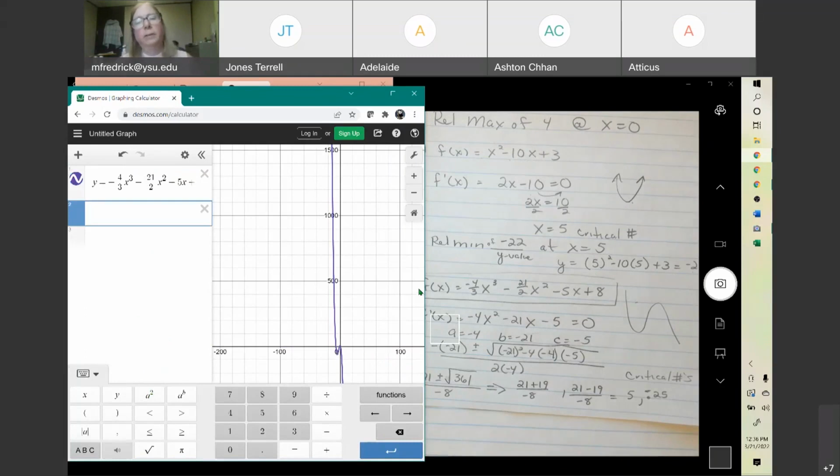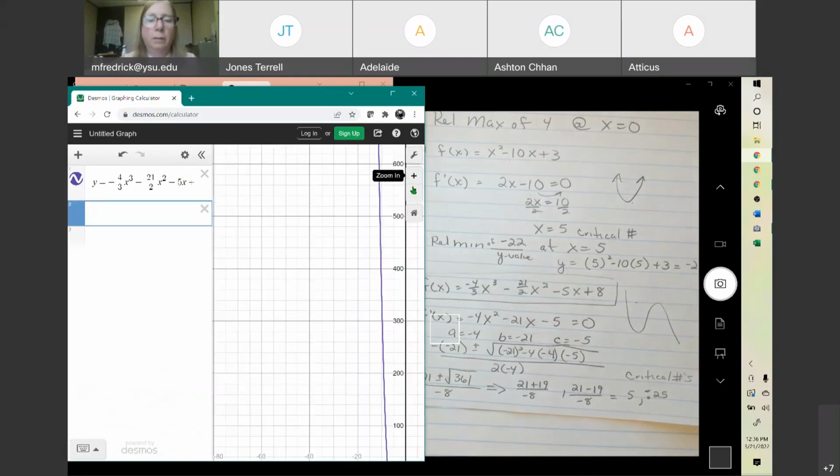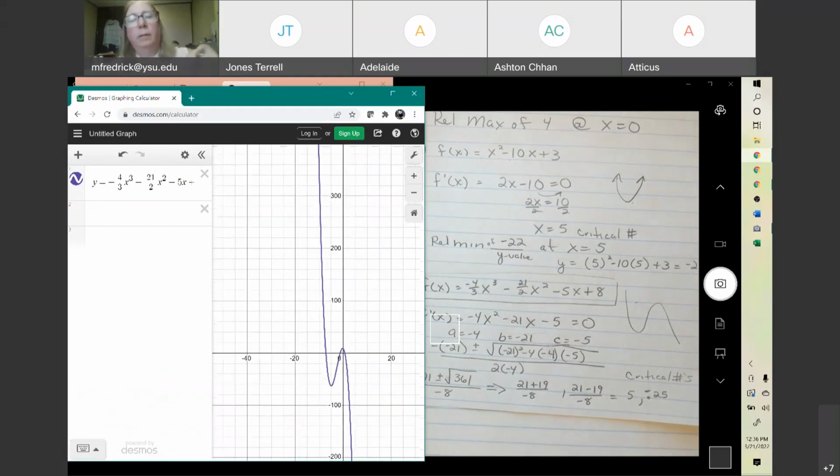And there's our graph. Now you can close this. There we go. If we click on it, it gives us our values.